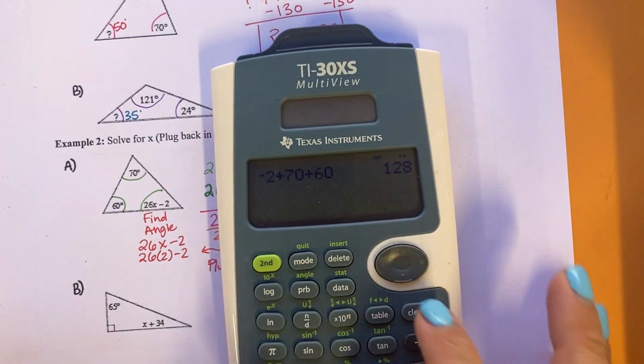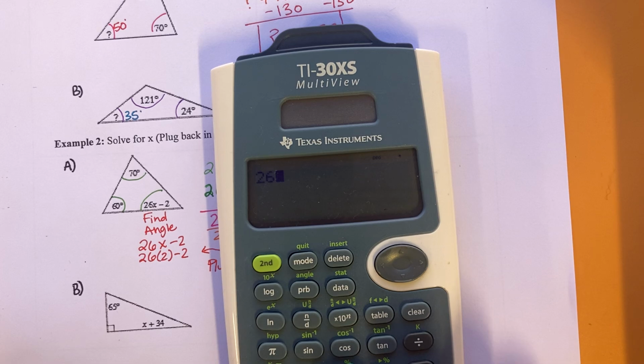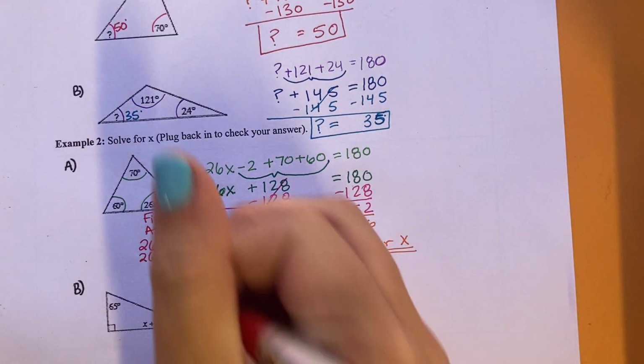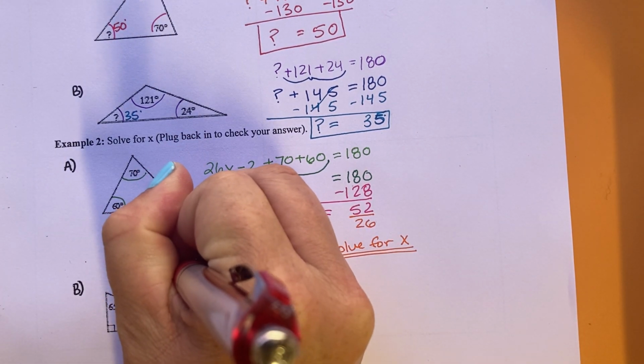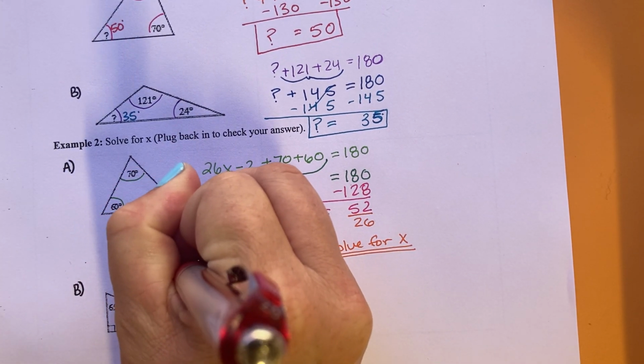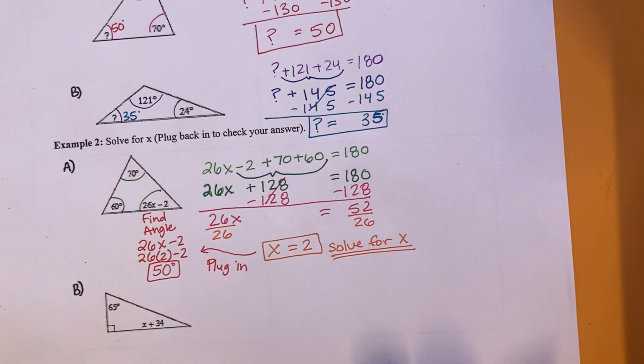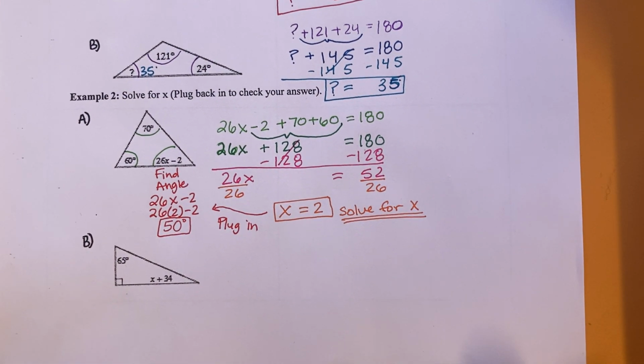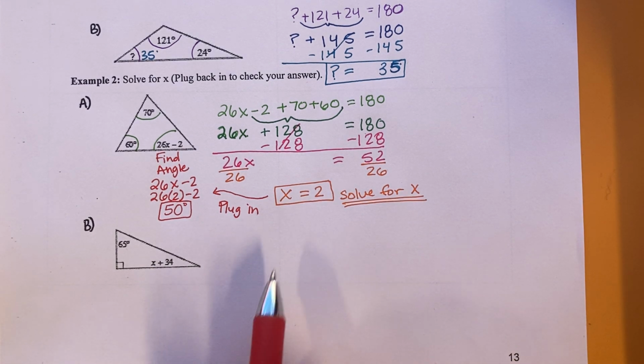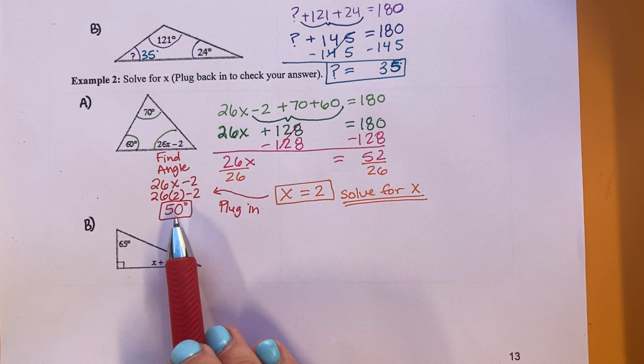I'm going to use my calculator to do 26, plug a 2 in, minus 2 is 50. So this angle would be 50 degrees in this corner. There are other ways to find that 50 degrees. Totally fine as long as you can find x is 2 and the angle is 50.